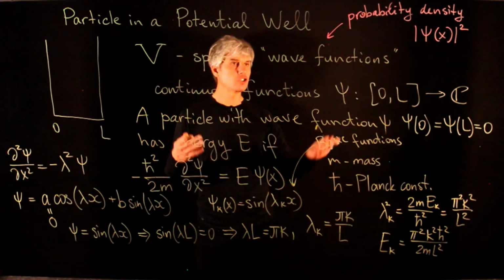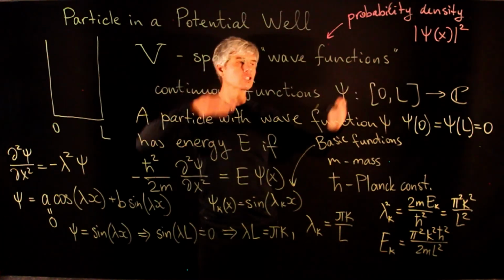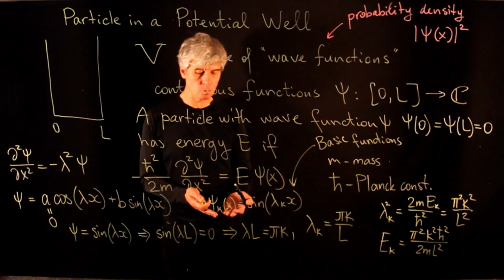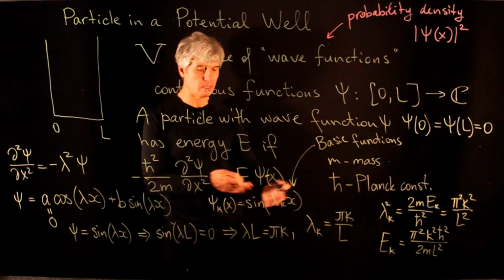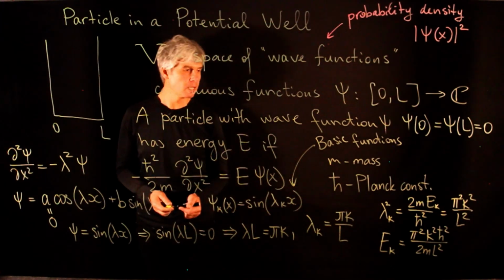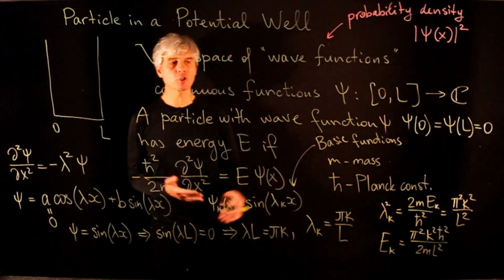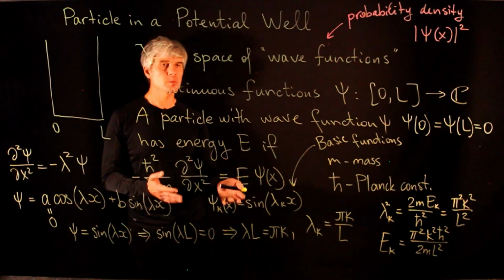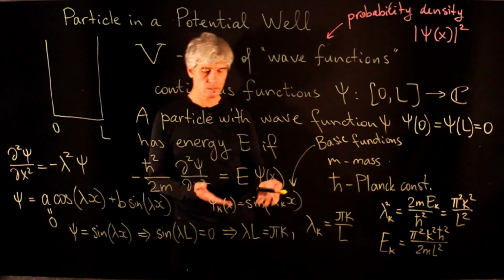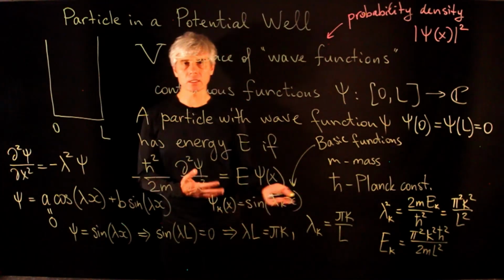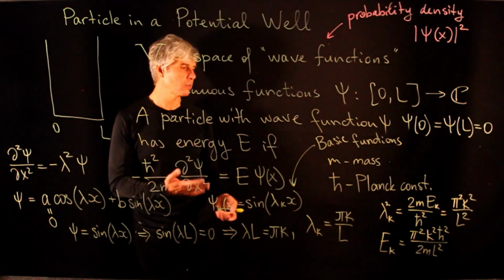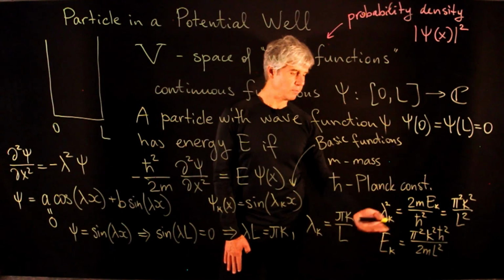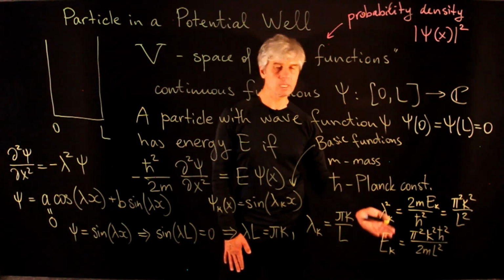A general wave function can be expanded as a Fourier series with respect to these trigonometric sine functions, giving a description of the general states in the basis of wave functions that correspond to a particular energy level.